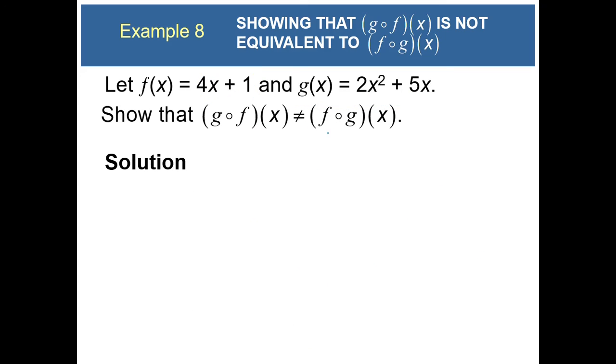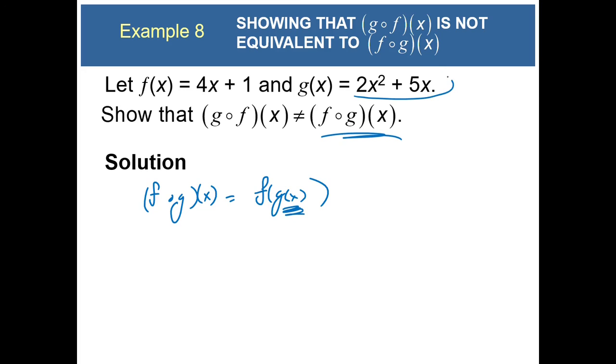Now let's find f of g of x. F of g of x means I'm going to take the function g, and this time we'll plug it into f. So 2x squared plus 5x is now going to substitute into the 4x plus 1. We have 4 times, we're going to plug in 2x squared plus 5x, and then add 1.